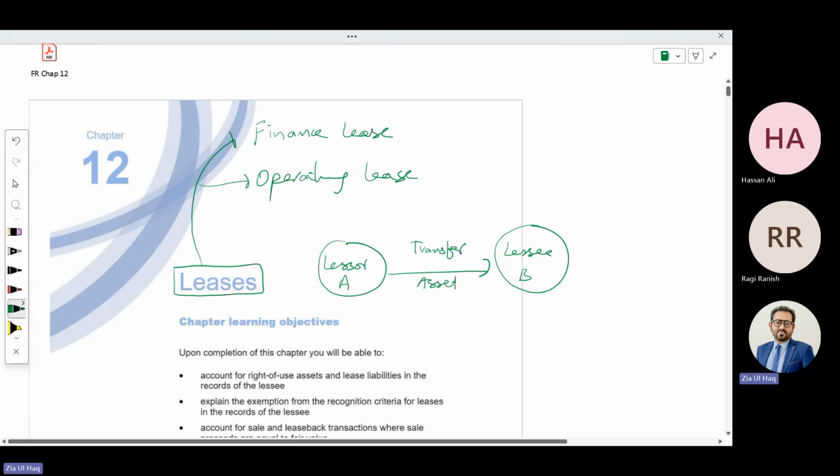Who will use the asset? B. And B will make a payment for the use of the asset. So this is called a lease, similar to a rent agreement.